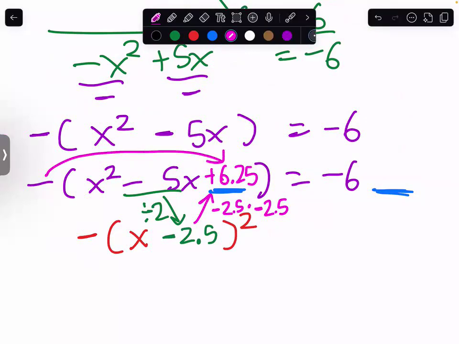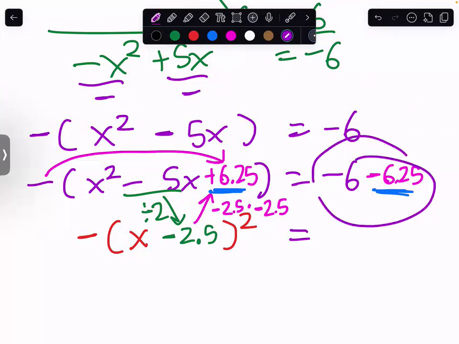Negative times positive is negative. So it's going to be minus 6.25 on this side. Okay, so using a calculator, we can just go ahead and combine those two together. -6 minus 6.25 would be -12.25.